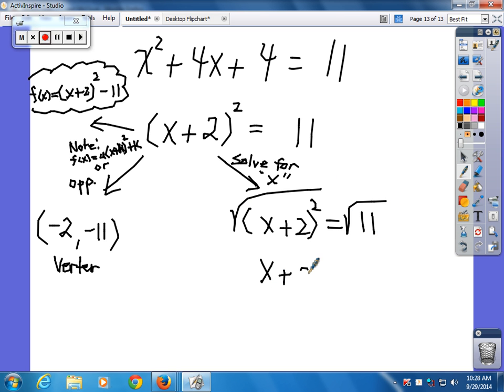X plus 2 is equal to, well, the square root of 9 is 3. Square root of 16 is 4. What's between 3 and 4? 3.5. So 9 to 16 is 7. Half of 7 is what? 3.5. So 12.5 is 3.5.